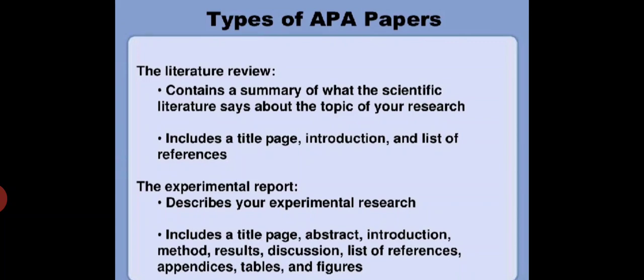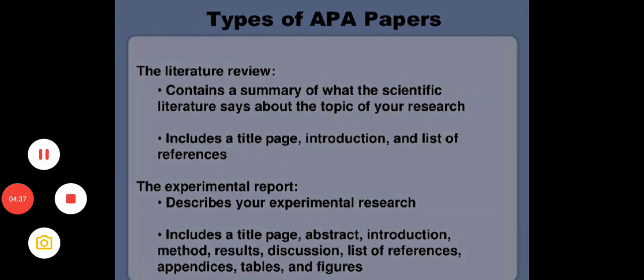Types of APA papers. There are two different types of APA papers that are given here. First, the literature review, and second, the experimental report. Literature review based papers are such papers which contain a summary of what the specific literature says about the topic of your research. It includes a title page, introduction, and list of references.